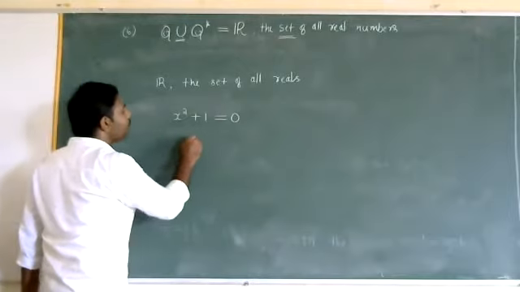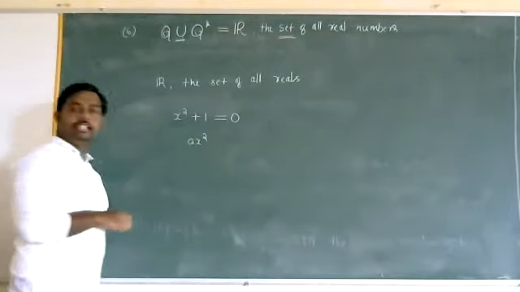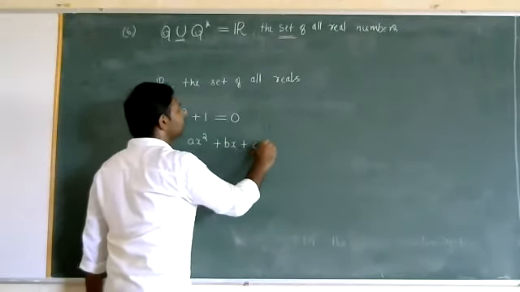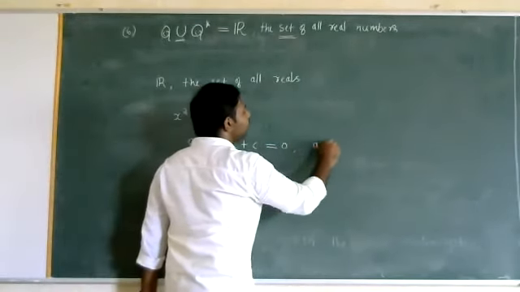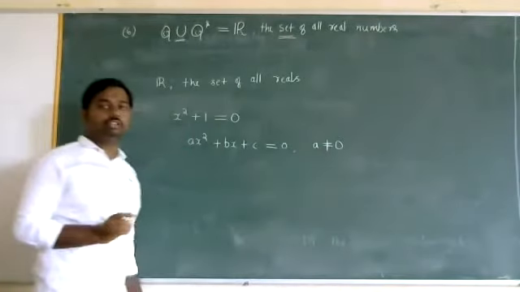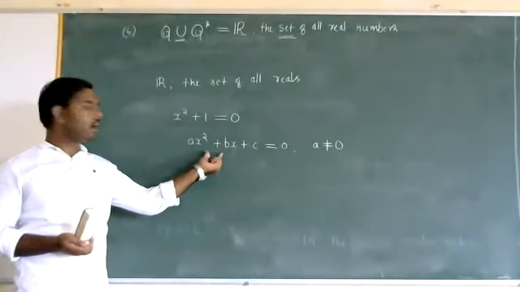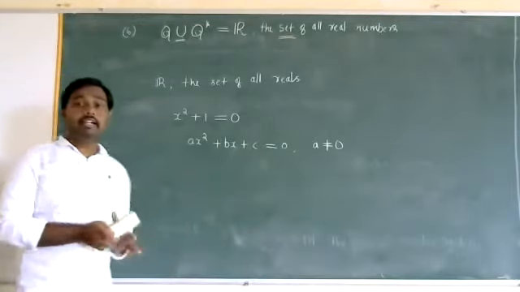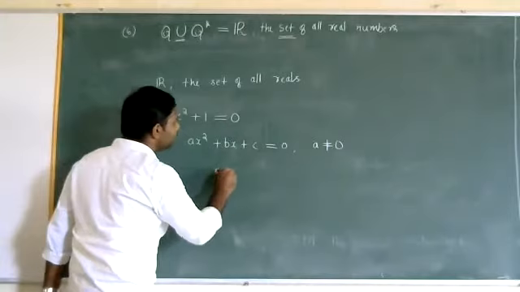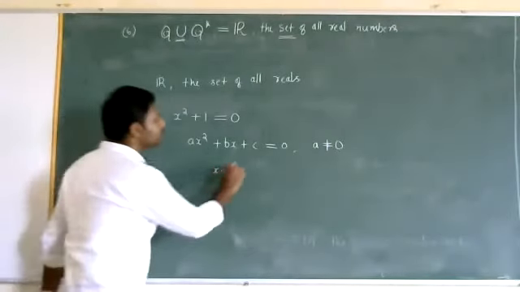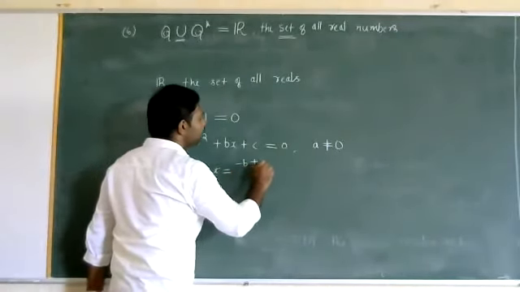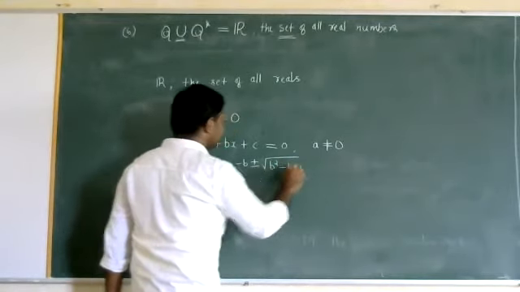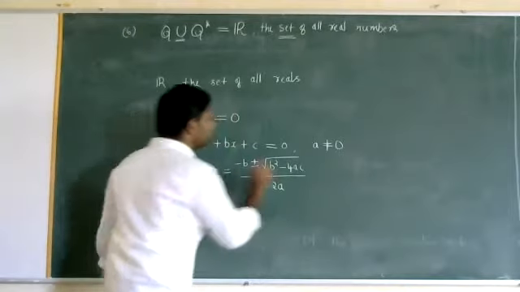The standard form of any quadratic equation is ax square plus bx plus c equals 0 with the leading coefficient a not equal to 0. And solutions for this quadratic equation are given by the formula x equals minus b plus or minus square root of b square minus 4ac divided by 2a.